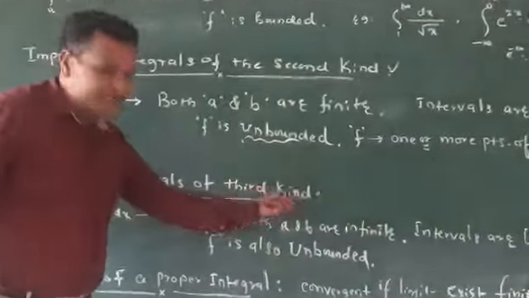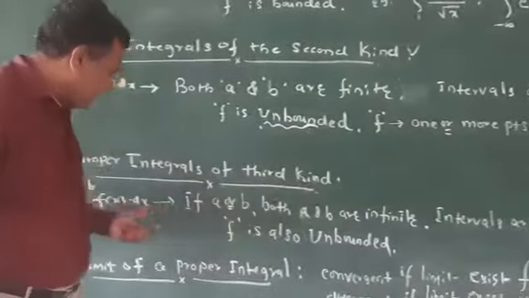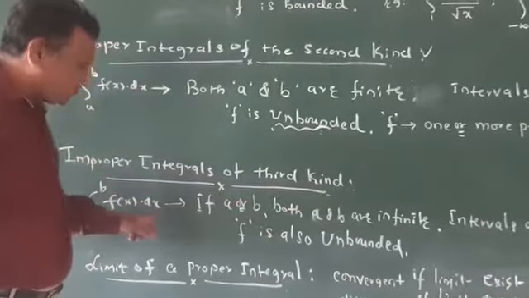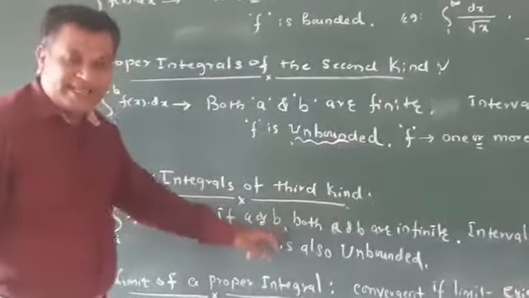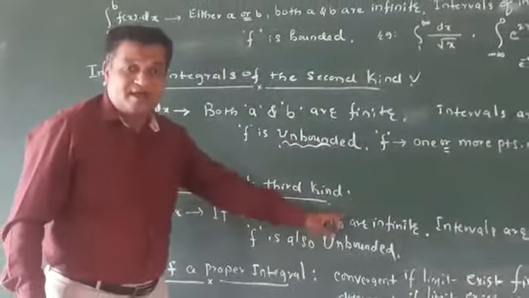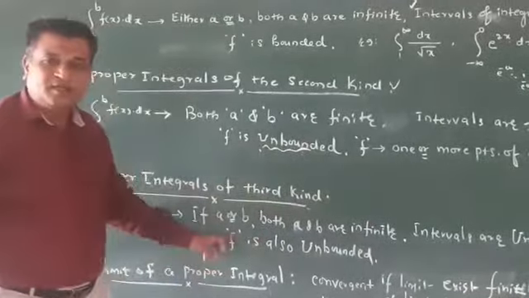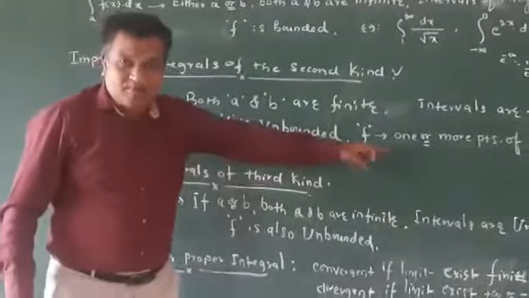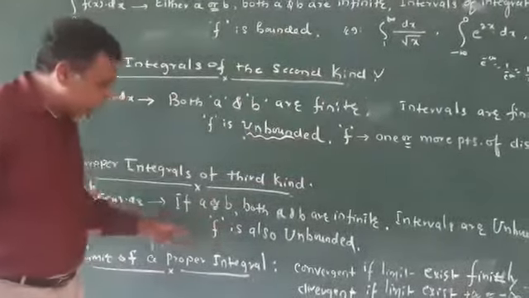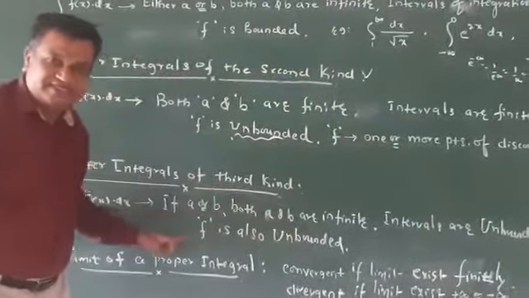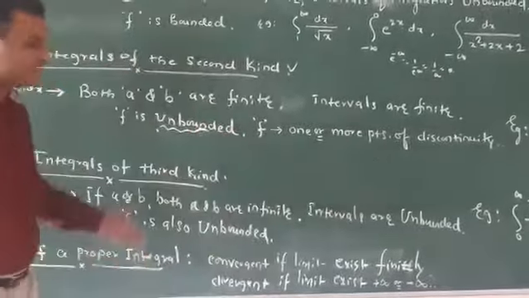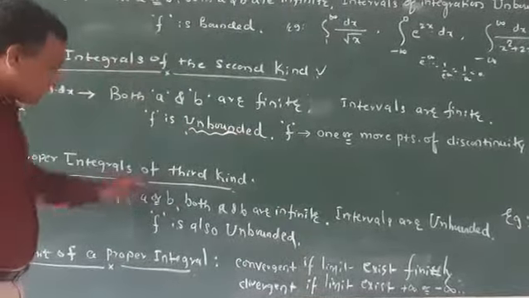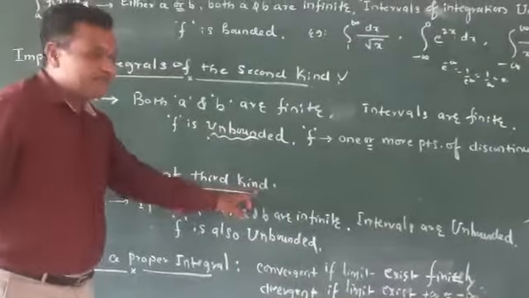Consider the improper integrals of the third kind. In the given integration, that is from a to b of f of x with respect to x, consider this definite integral, in which a or b or both a and b are infinite. The interval is unbounded and the function itself is also unbounded. Such examples are referred to as improper integrals of the third kind.